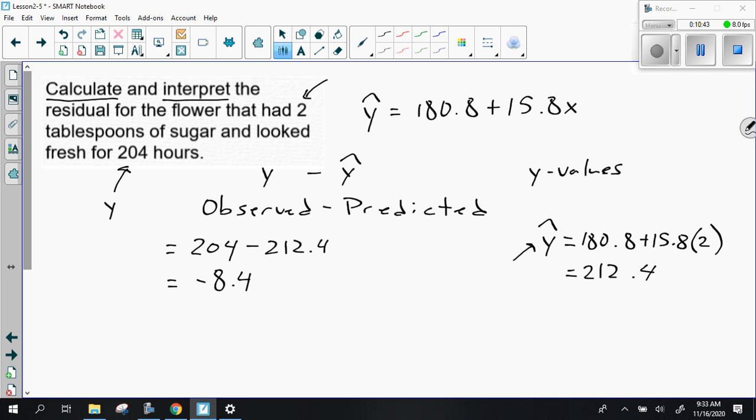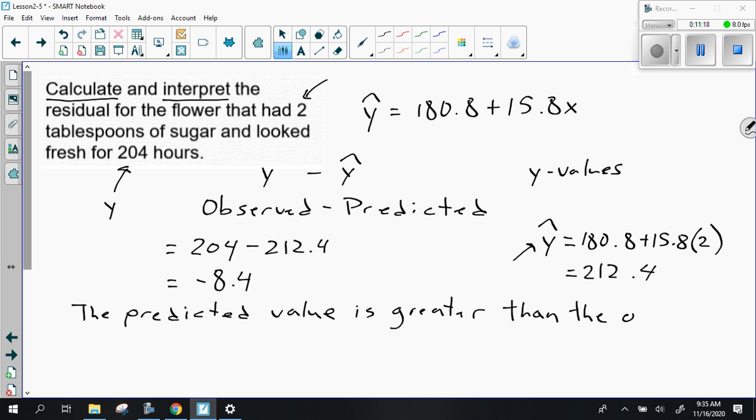So the predicted value, right, it's less than our actual value. Or actually greater than, sorry, the predicted value is greater than the observed value. So let's put that into context as well. What does that mean?